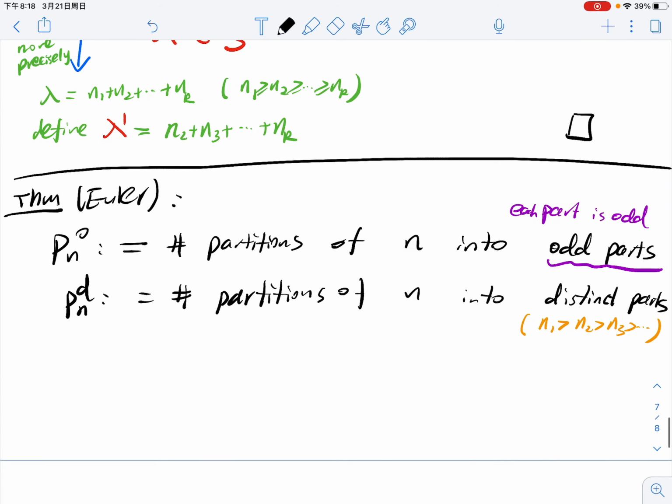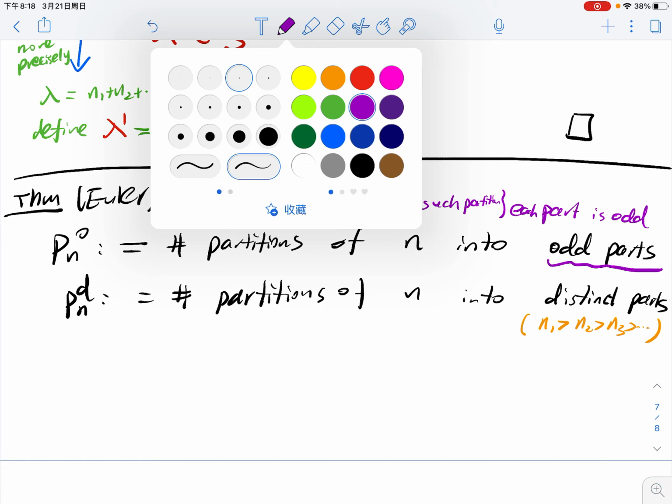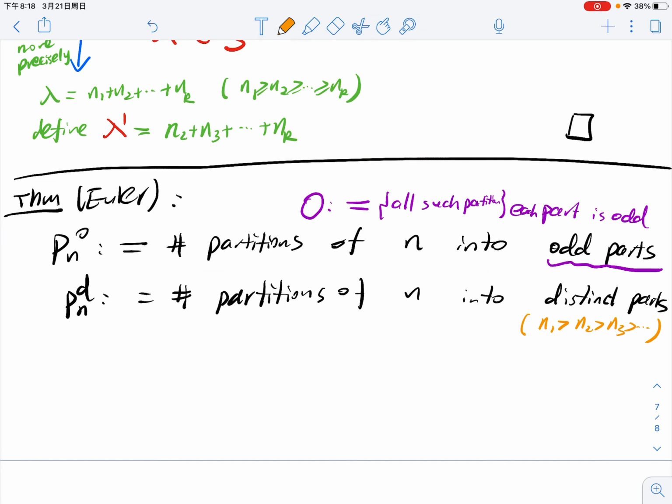Let's call the first one, define this set to be all such partitions in the first restrictive condition. And then for the second one, let's call it D, all such partitions.